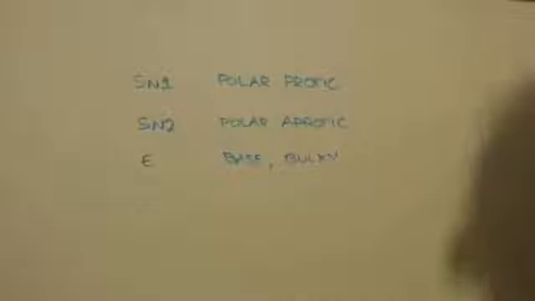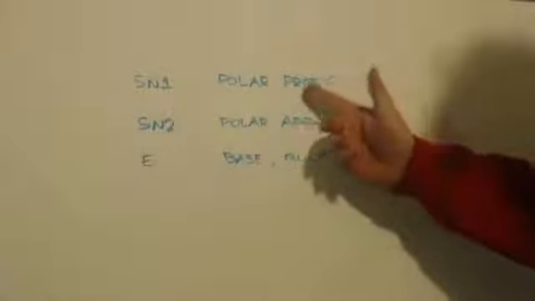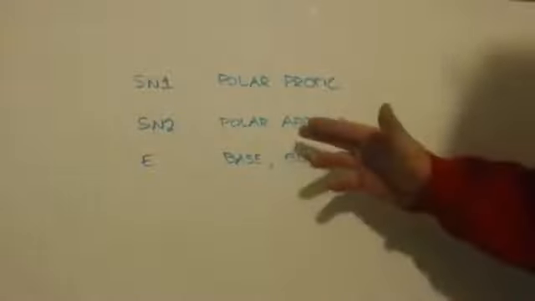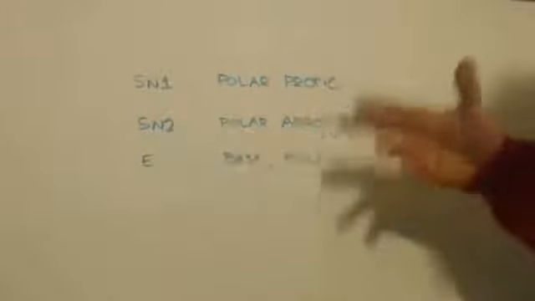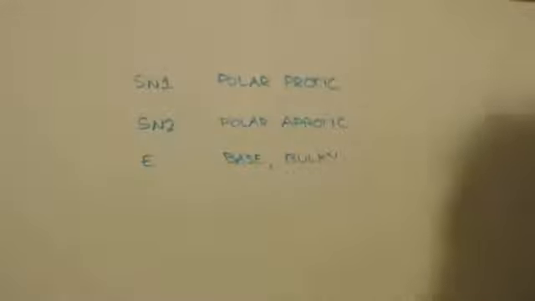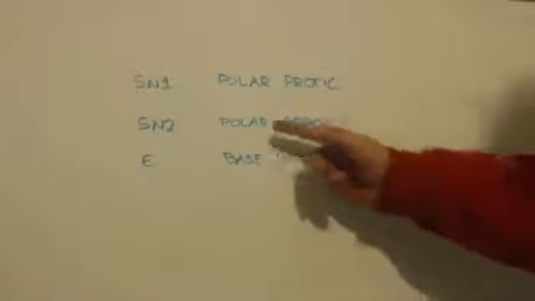The SN1 is the one with the carbocation, so the protons are going to help stabilize that carbocation. In SN2, if you don't have those protons, you won't stabilize the carbocation. You'll go directly into an SN2 instead of forming that carbocation. It won't have the ability to stabilize the carbocation with an aprotic polar solvent.